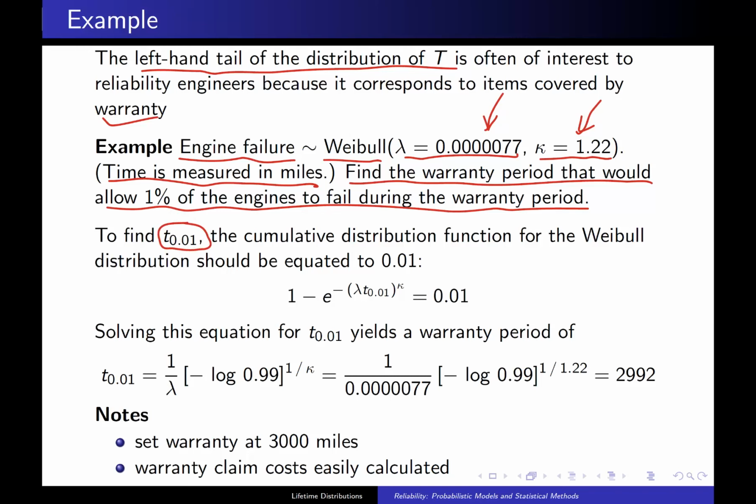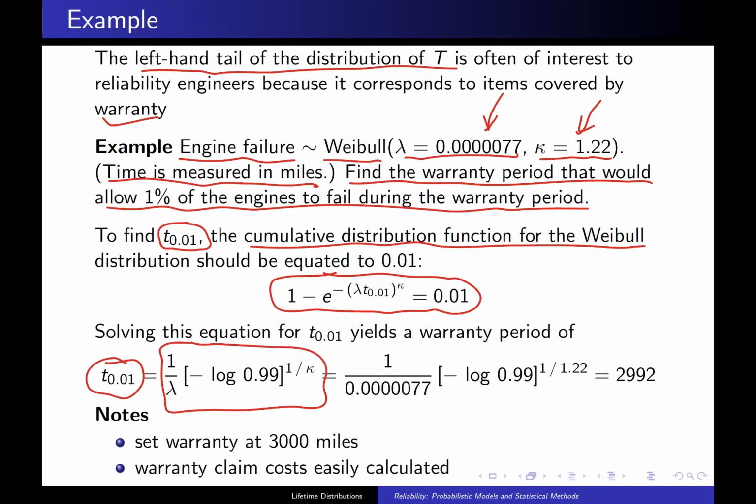And the way we do that is we set the cumulative distribution function for the Weibull distribution to 0.01. And here is the CDF on the left-hand side of the Weibull distribution, and it gets set to 0.01. When you solve that for t sub 0.01, you get this quantity right here for any parameters lambda and kappa.